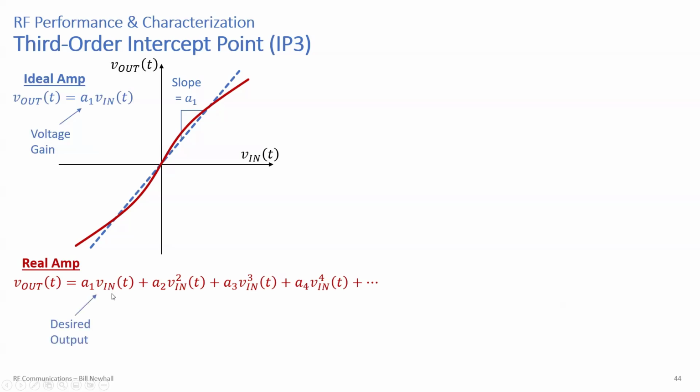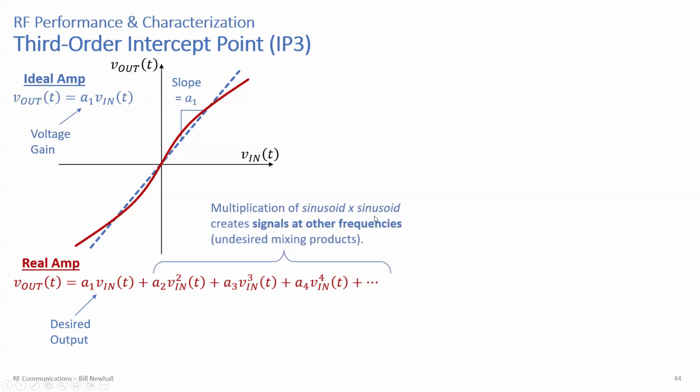That's the desired output. But then you have all of these other components, A2 times V in squared, A3 times V in to the third, and so on. And those are multiplications of a sinusoid times a sinusoid when the input is a sinusoid, and that creates signals at other frequencies. These are the undesired mixing products in this case, if this is an amplifier.